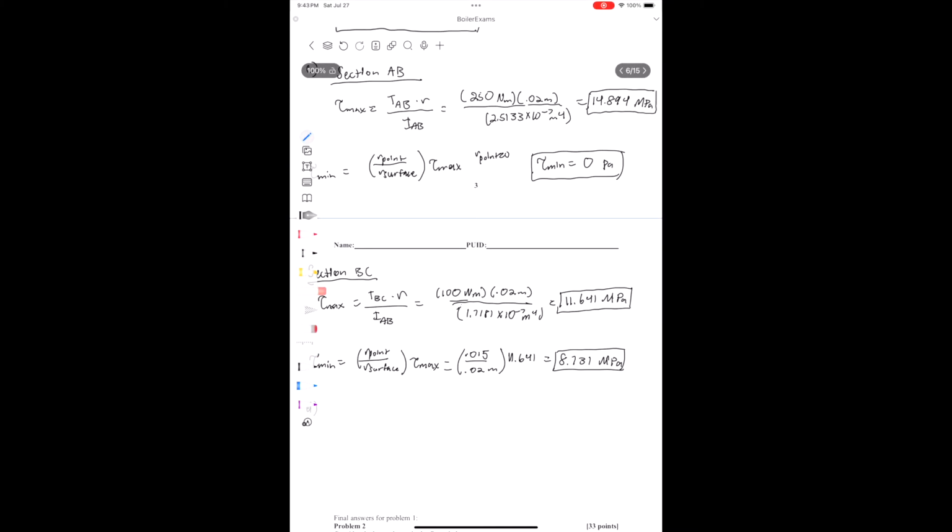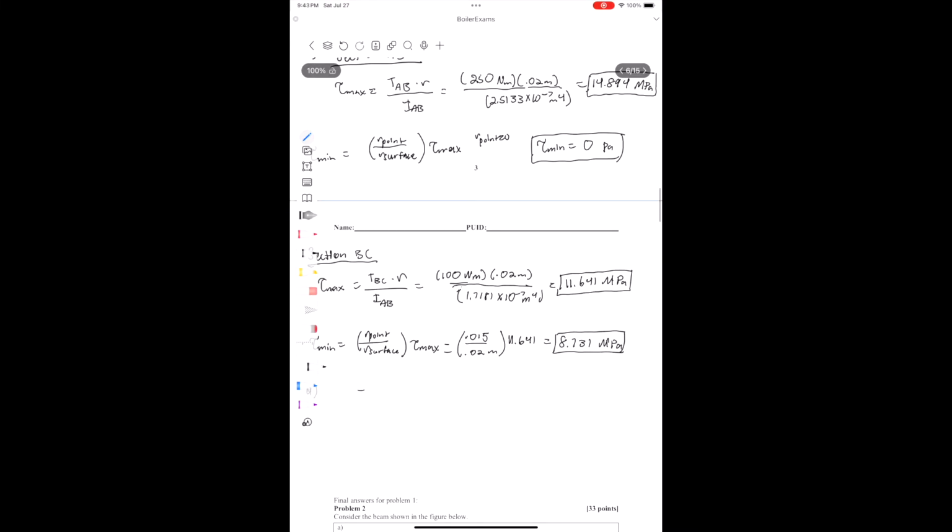So you'll have to create your equilibrium equations.